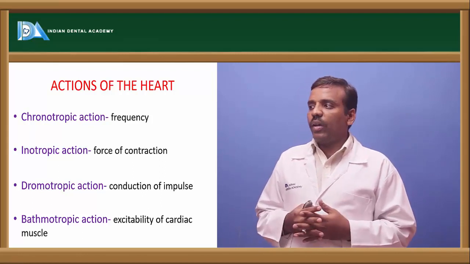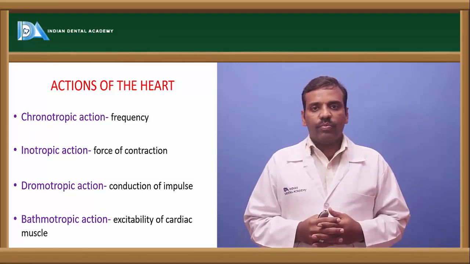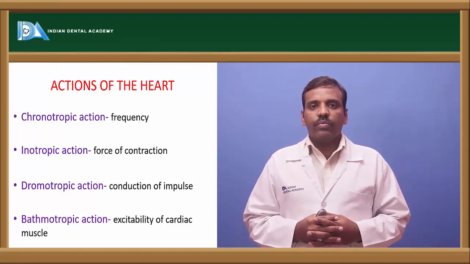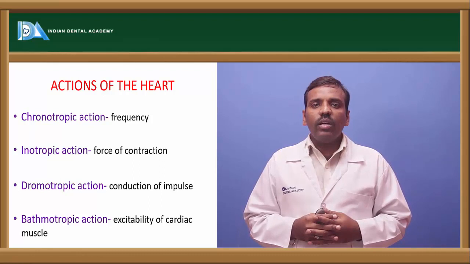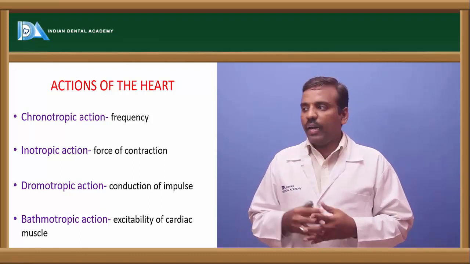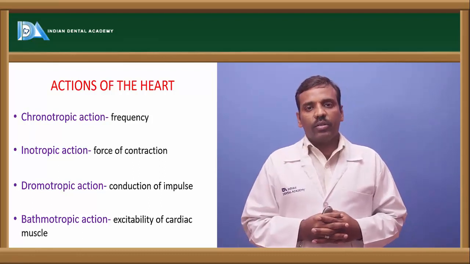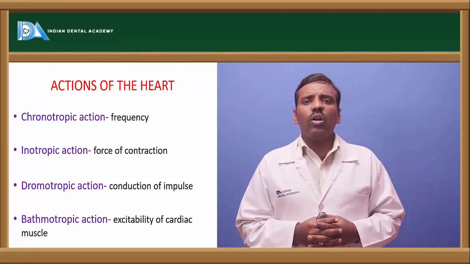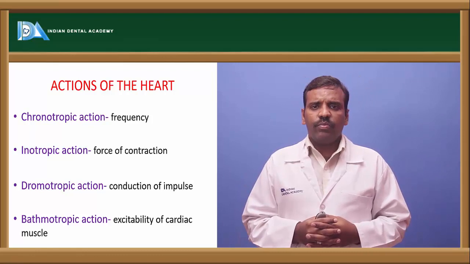Okay, and next one is inotropic action. It is nothing but force of contraction. Inotropic action is for the force of contraction. And next one is dromotropic action. Dromotropic action is nothing but conduction of the impulses.